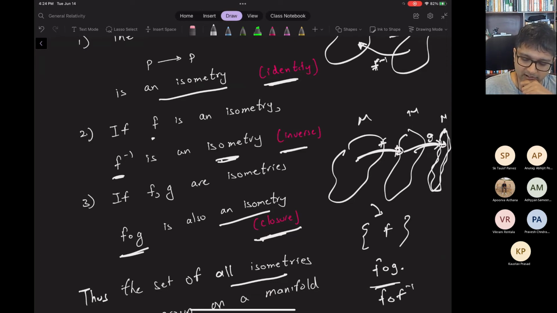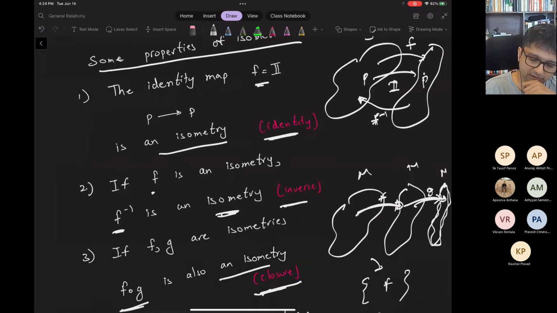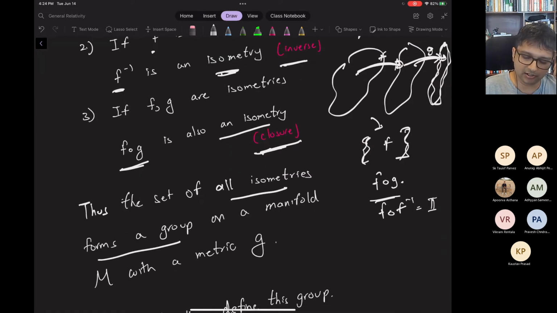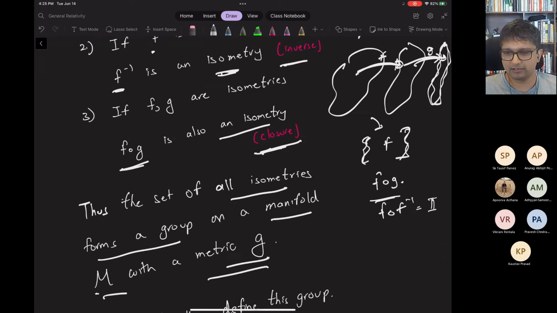That is, there is an f inverse, such that f circle f inverse is the identity. So the first property we started with is that there is an identity operation. Basically the set of all isometries forms a group, on a manifold M with a metric G. So you have to be given the manifold and a metric, and given those, you can find the set of all possible isometries. That set of isometries forms a group.